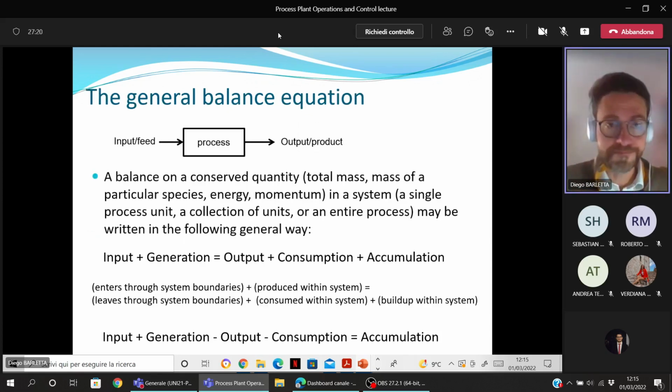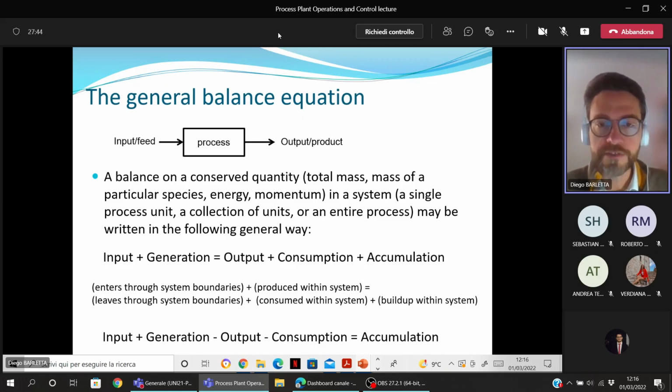Okay, in particular, if we consider the so-called general balance equation, we can put all together all these possible terms in a way that we cover all the situations.